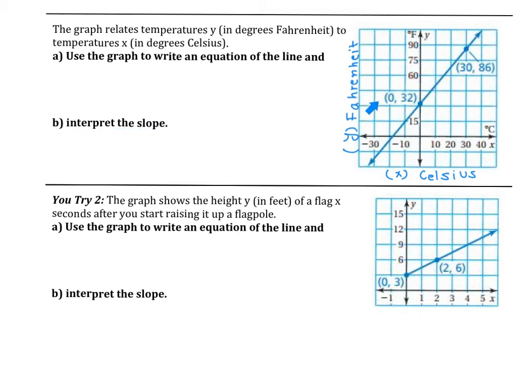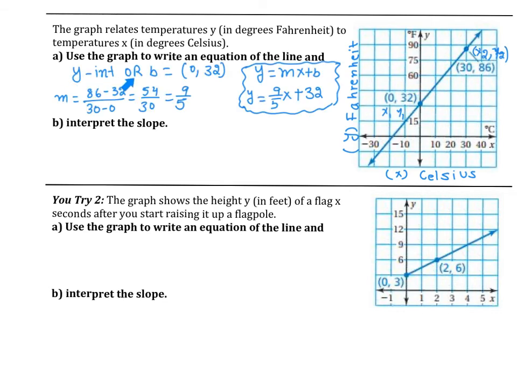So we're going to use this graph to figure out the y-intercept, and I can clearly see that the y-intercept is going to be 32, because the y-intercept is the value when x is 0. And we are also going to find the slope and the equation of this graph.